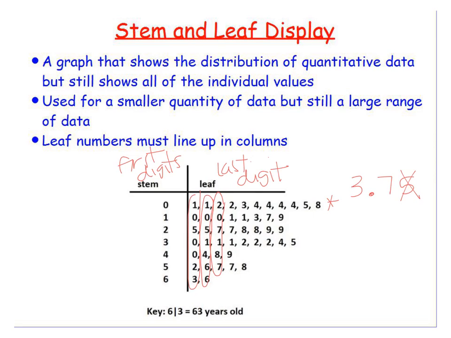And then the other thing that's important is your key. You have to tell the reader whether to read these as whole numbers or decimals. 6-3 in this case is 63. If I wanted to make a key for this guy right here, I would say 3-7 equals 3.7, and that's perfectly acceptable as well. So let's look at how to construct one of these.